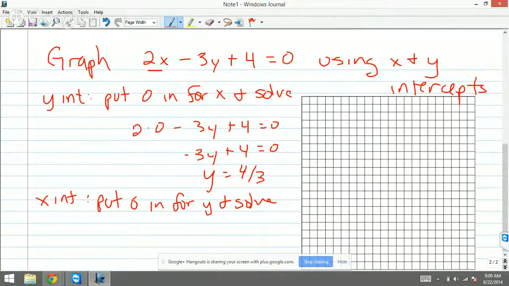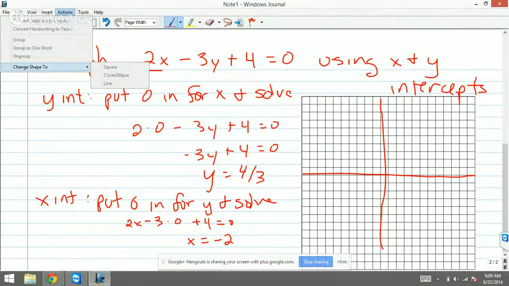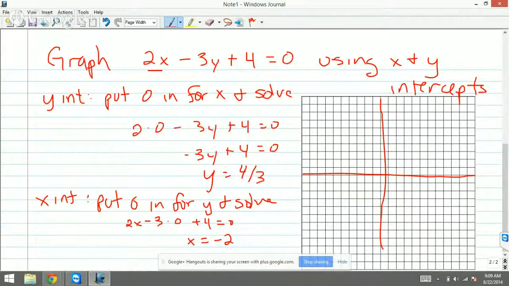If I put 0 in for y, what does x equal? Close. Is that right? Oh, how did I do that last year? There it is.